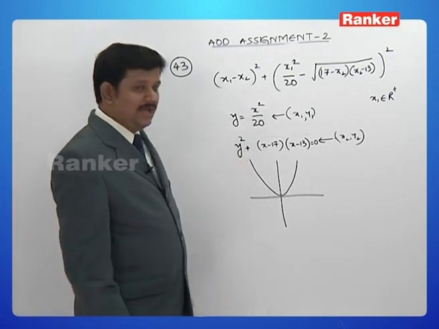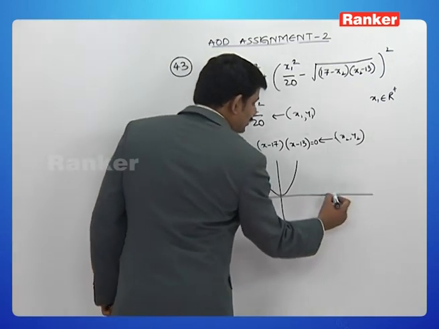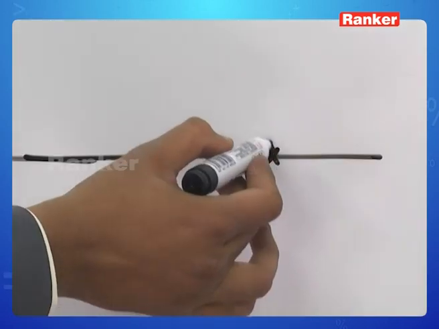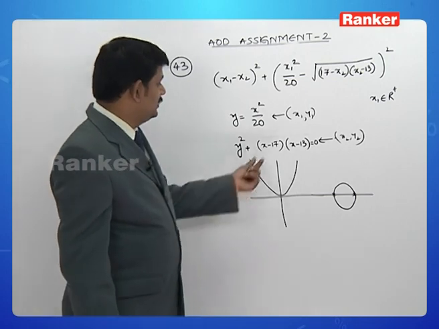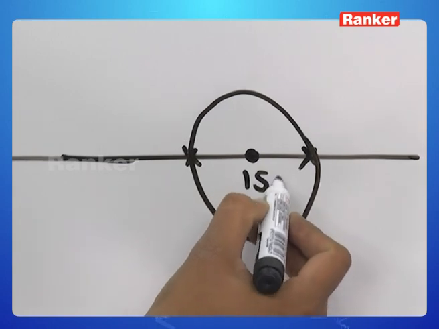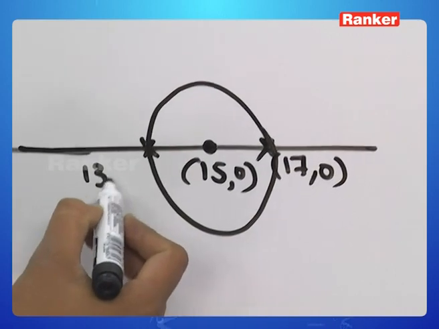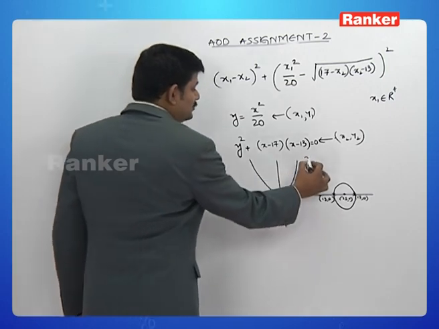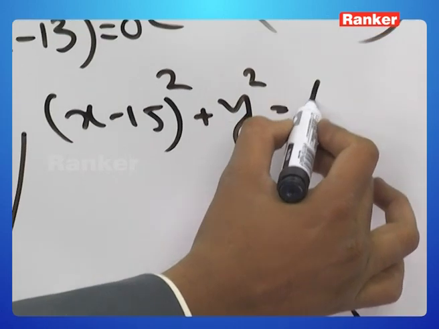Now this we can identify as a circle with the diametric ends as 13 comma 0 and 17 comma 0. So the center would be the midpoint of 13 and 17, 15 comma 0, and the radius would be 2 units. This equation can also be written as (x minus 15) whole square plus y square is equal to 4.